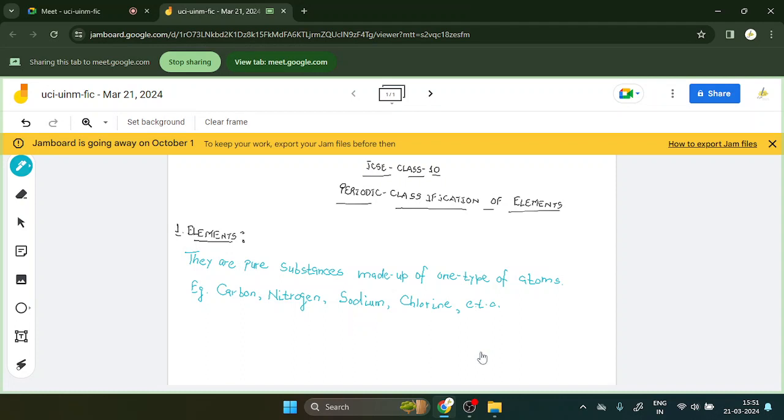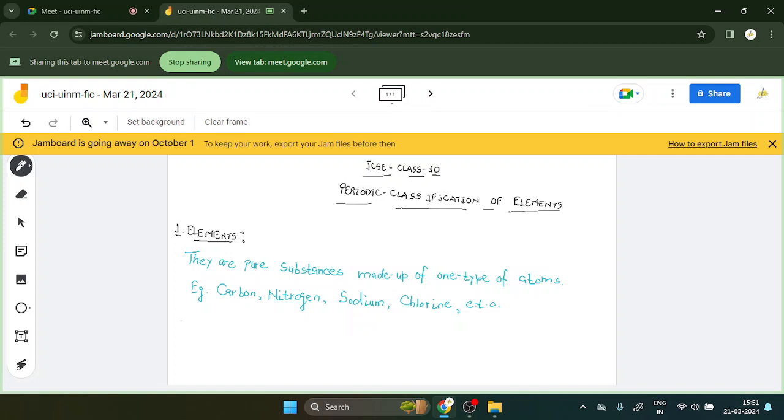Then this is just a quick revision of the previous class. We discussed the Dobereiner triads, and Newlands law of octaves, where every eighth element beginning from any element resembles the first element in its physical and chemical properties. Clear?